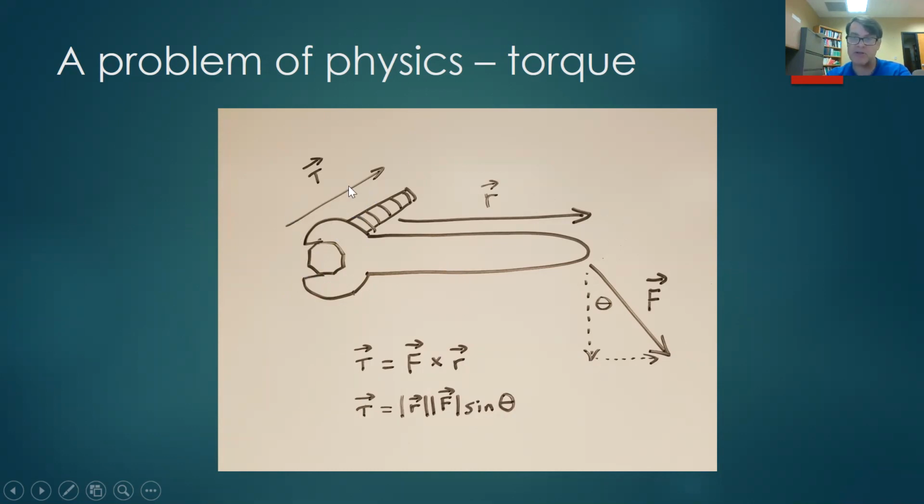Even though the force and the wrench are in a two-dimensional plane, the torque is going to be in that direction. And the reason we have absolute values again is that vectors have direction, so putting them in absolute value reduces both to their magnitudes. Okay, so there you have the basic idea of a cross product.